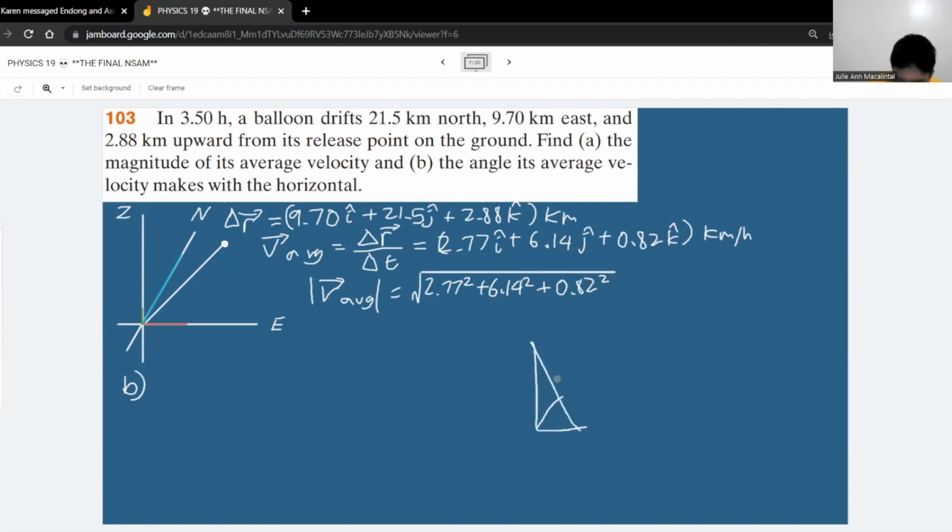Inisip ko kasi there's some sort of distance from here to somewhere here, like the centroid. Is that the distance that is being talked about? Equivalent ng hypotenuse but for a tetrahedron. Is that it?